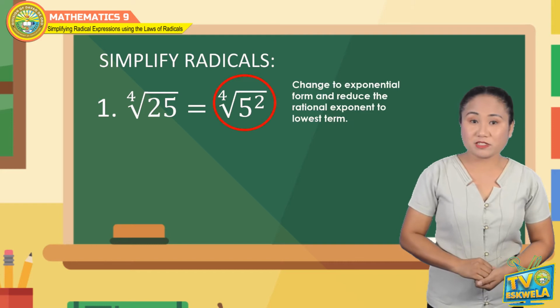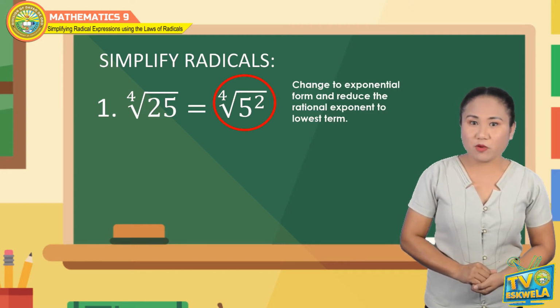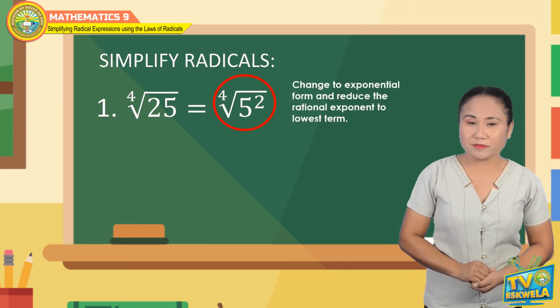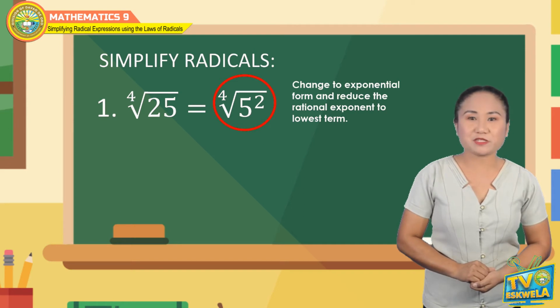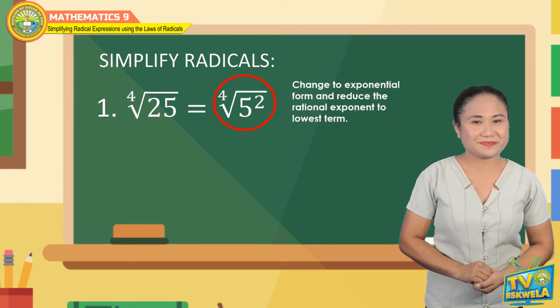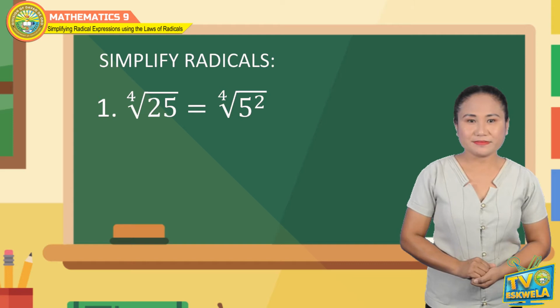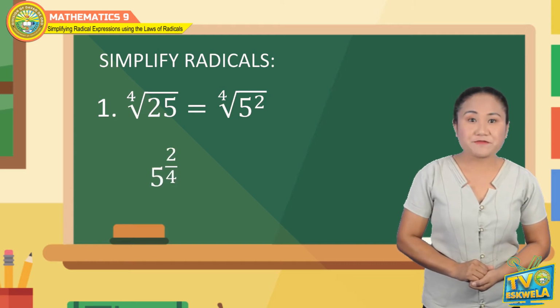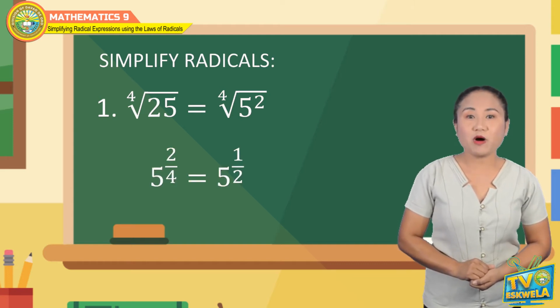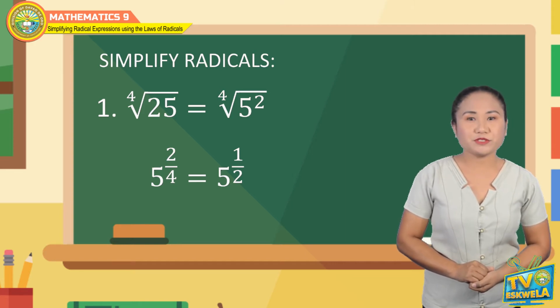Let us change fourth root of 5 squared to exponential form and reduce the rational exponent to lowest term. That will be 5 raised to 2 over 4 equals 5 raised to 1 over 2.